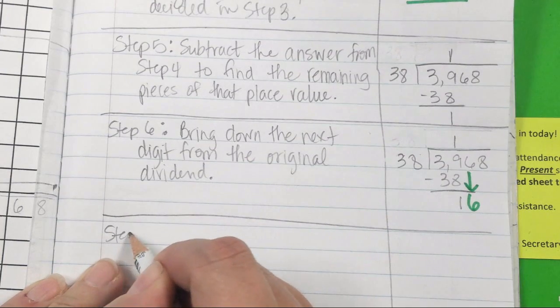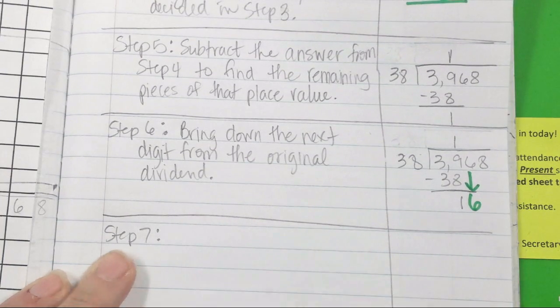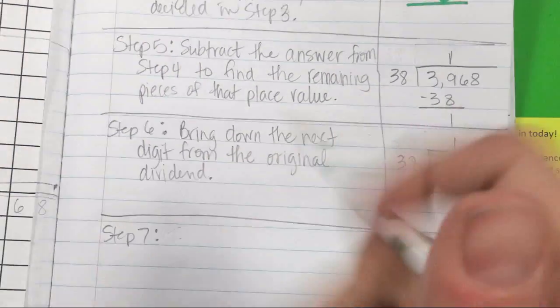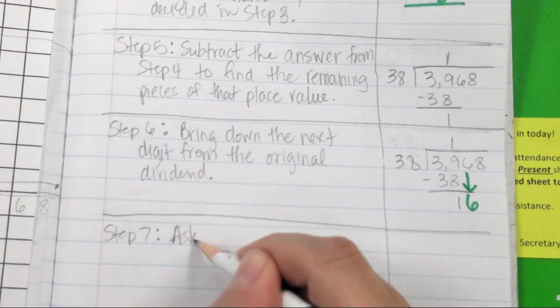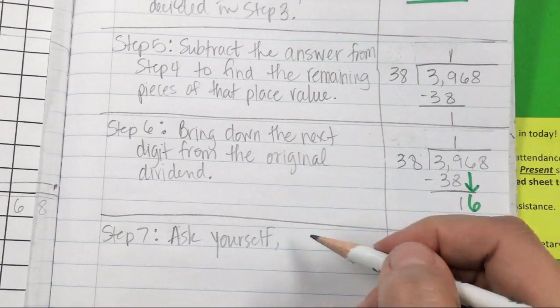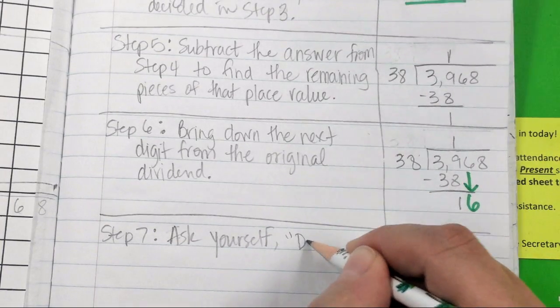So step 7. You have to ask yourself, there's a lot of steps in division. And there's a lot of asking.